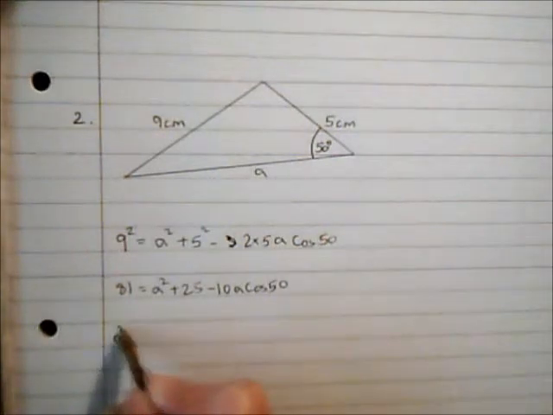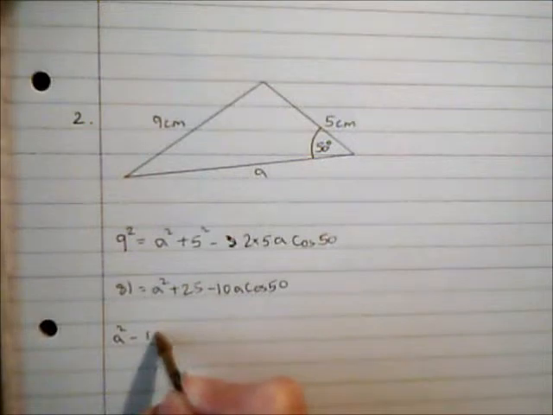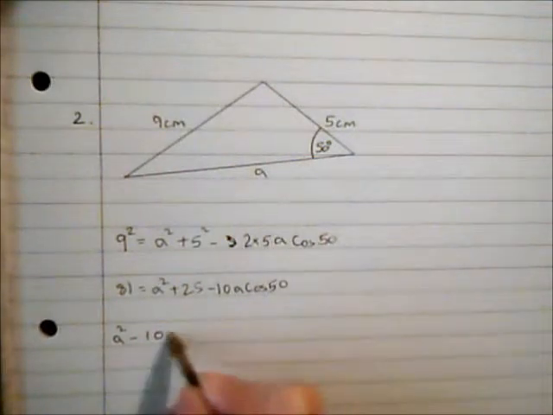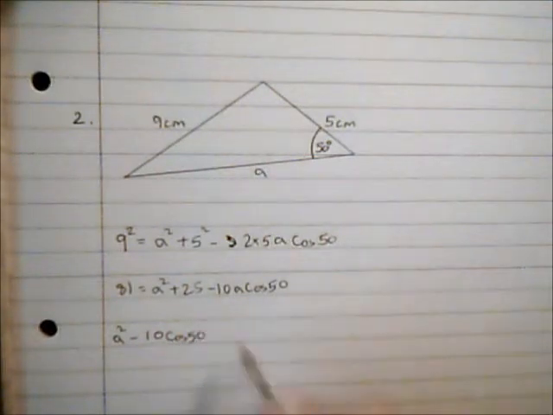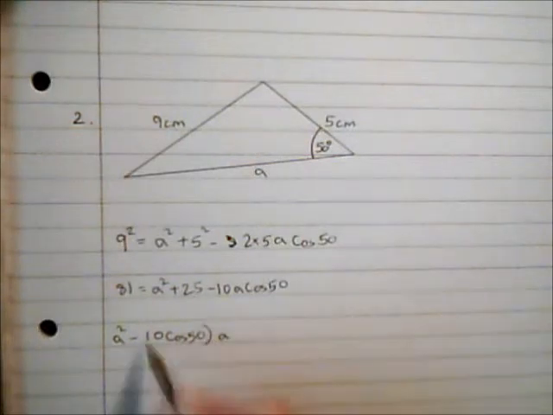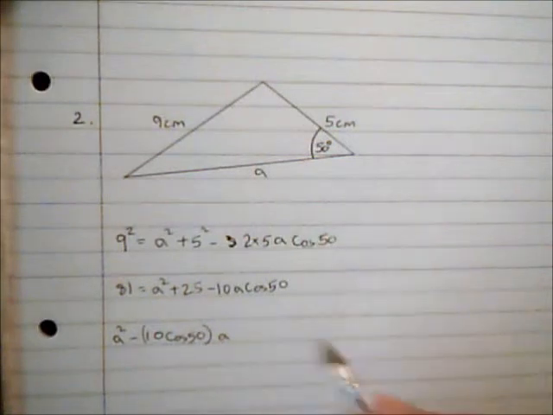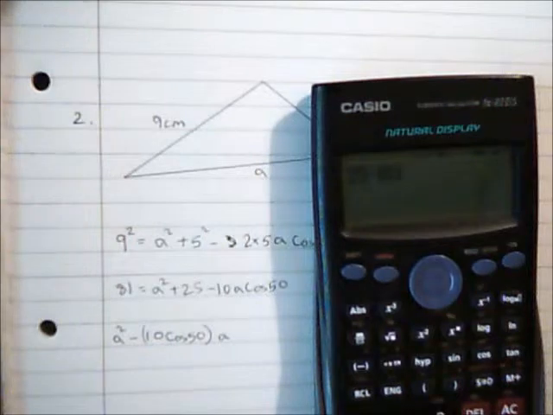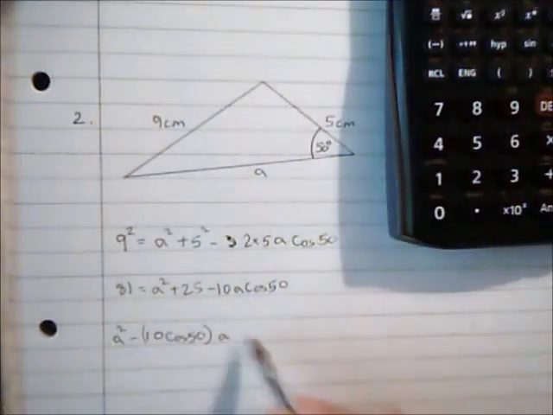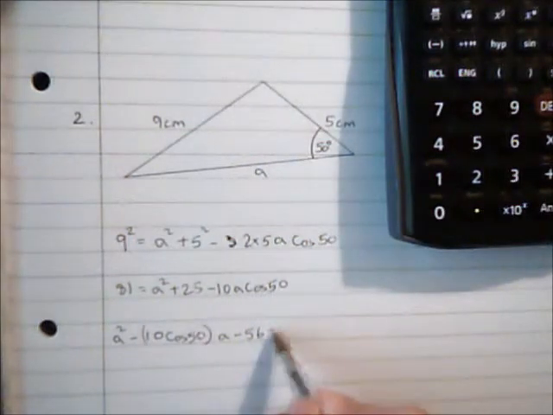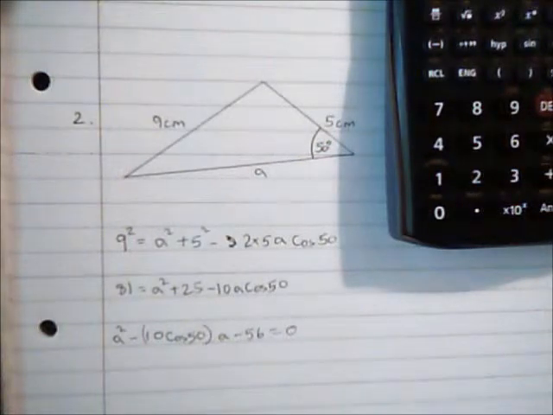So a squared subtract, and I'm just going to rewrite 10a cos 50 as 10 cos 50 multiplied by a, and then I'm going to subtract the 81, so 25 subtract 81, negative 56, and that is equal to 0. And it's important that I have rearranged this, so now I'm going to use the quadratic formula to solve.